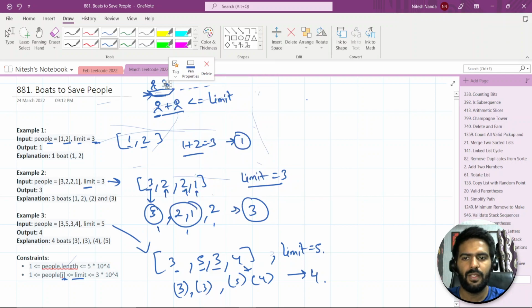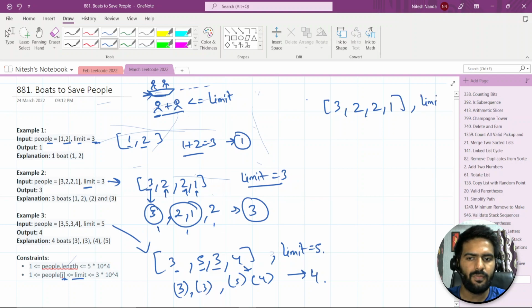Let's say we have the example 3 2 2 1 and our limit is 3. We take the maximum person and the lowest person, so we sort this array. It becomes 1 2 2 3.